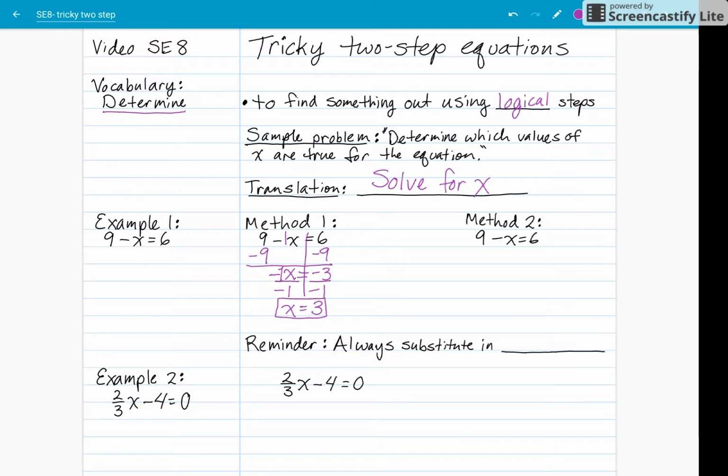And if you were using logic, 9 minus 3 equals 6 makes sense. If you got -3, another error that students make is in their check. You should do 9 minus (+3).